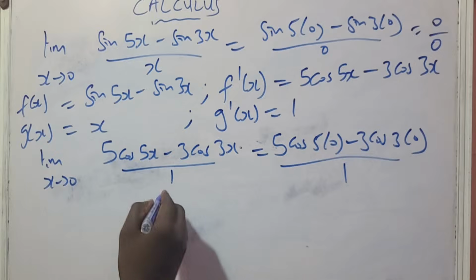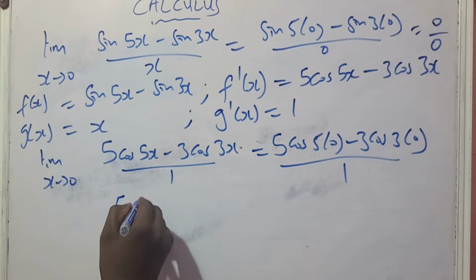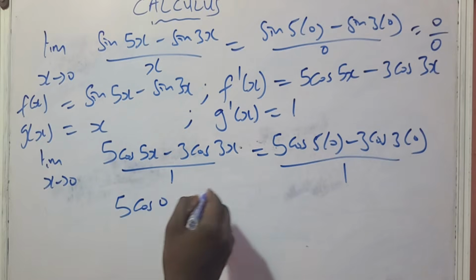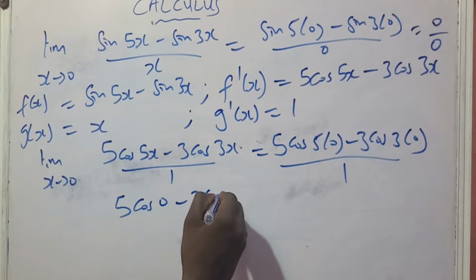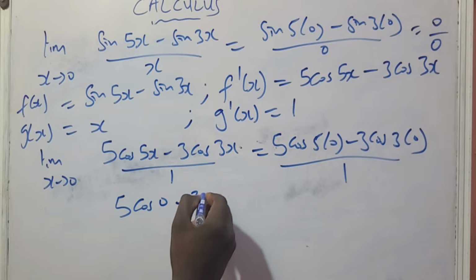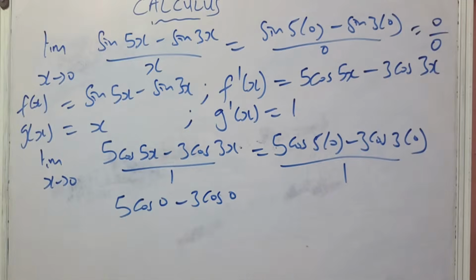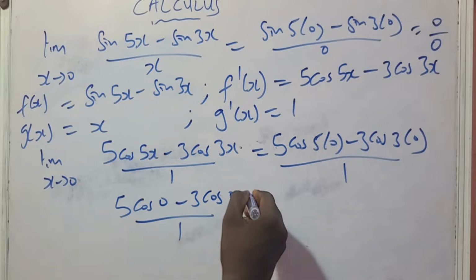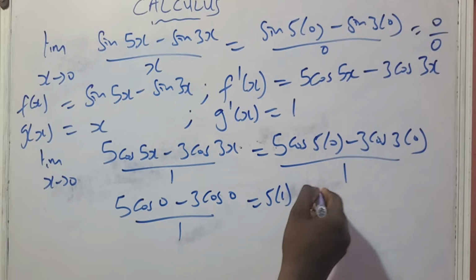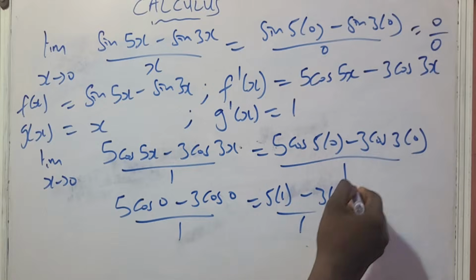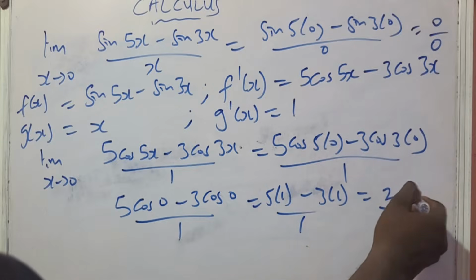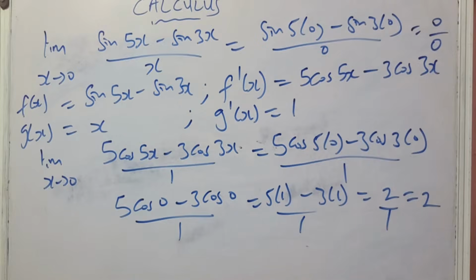So what we have here is 5 cos 0, because 5 times 0 is 0, and minus 3 cos 0, because 3 times 0 is 0, over 1. What is cos 0? Cos 0 is 1. So that will be 5 times 1 minus 3 times 1 over 1. That will be 2 over 1. That will be 2. You see how L'Hopital was able to give us our solution in no time at all.